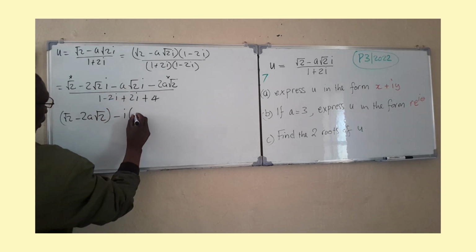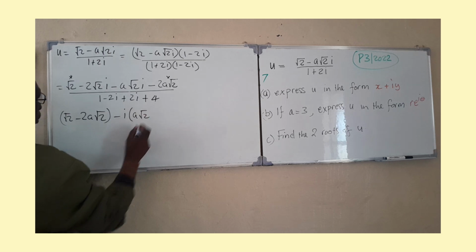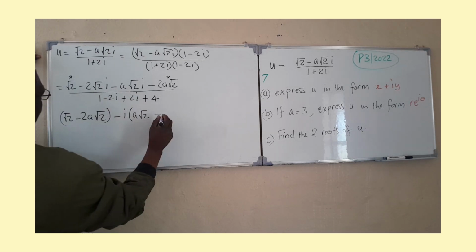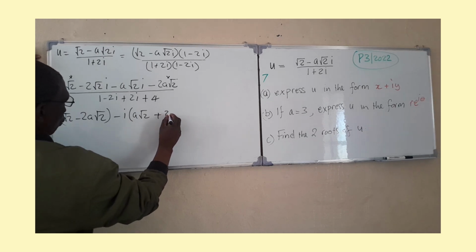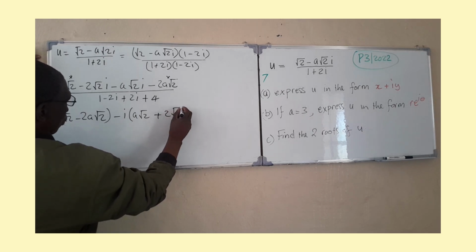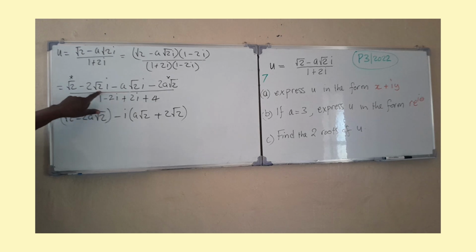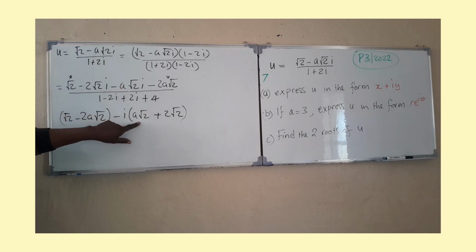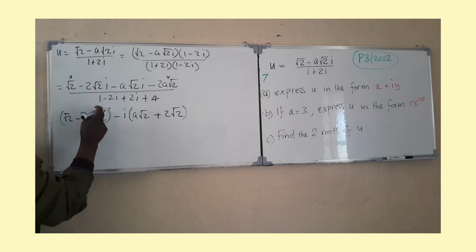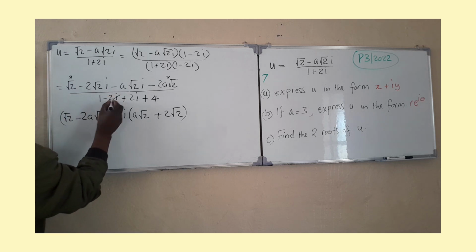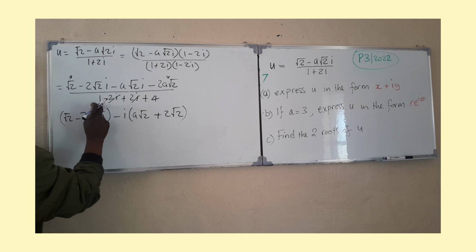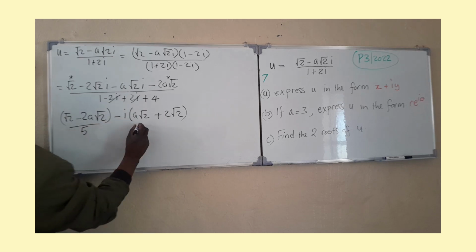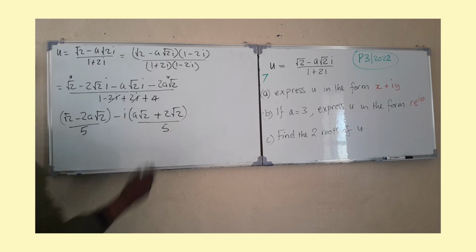So we have a root 2 and this one here plus 2 root 2. So the imaginary parts are this one, which is that, this one, which is that. Okay, and of course our denominator is this cancels with that, and we're left with 1 plus 4, which is 5. So there's a 5 here, and there is also a 5 there.